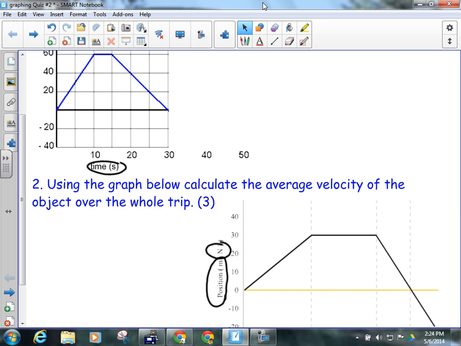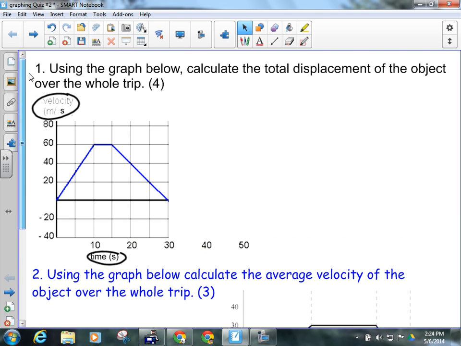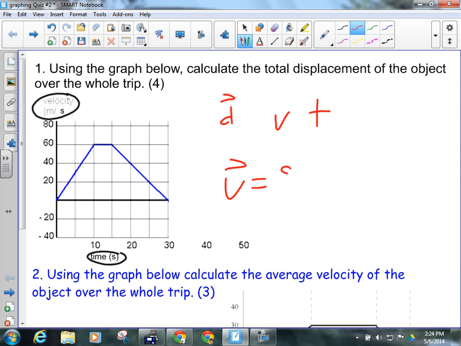All right, so if I want to get displacement from a velocity versus time graph, I have to think about this. In order to get displacement, if I have velocity and time, how would I manipulate this formula to get it?